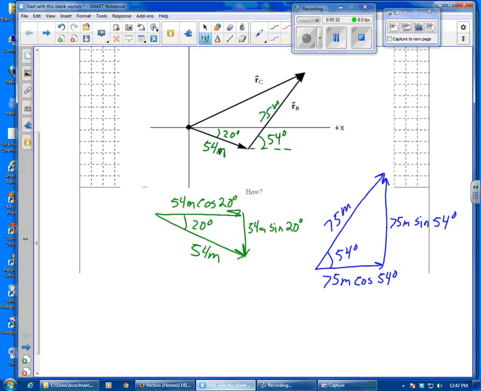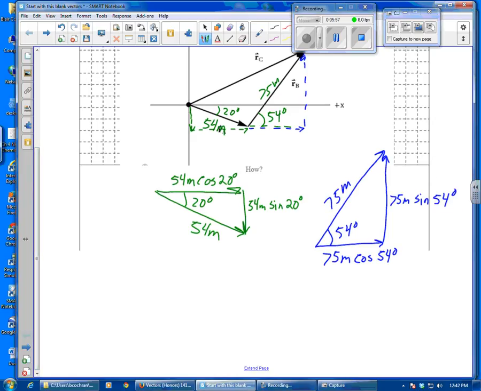If I draw these up here, just kind of sketch them in. Let me redraw it.